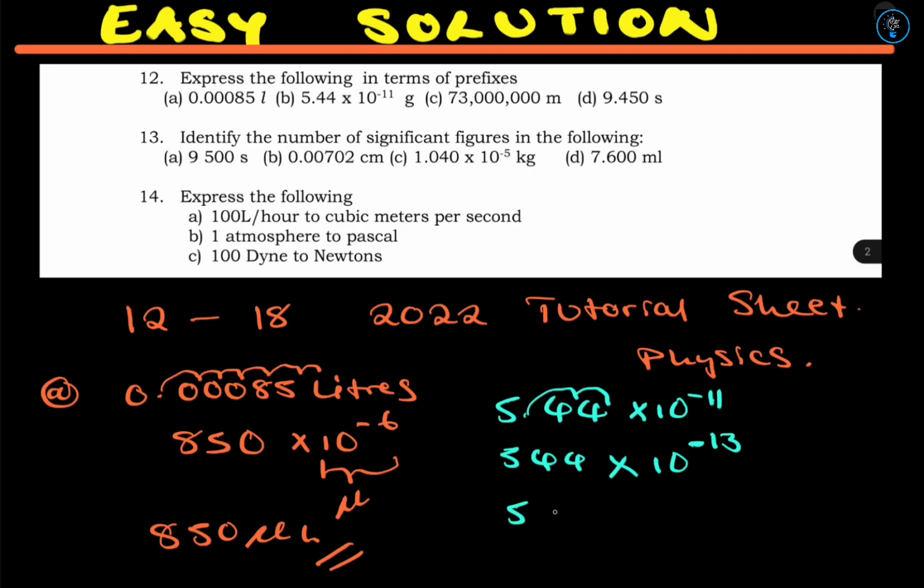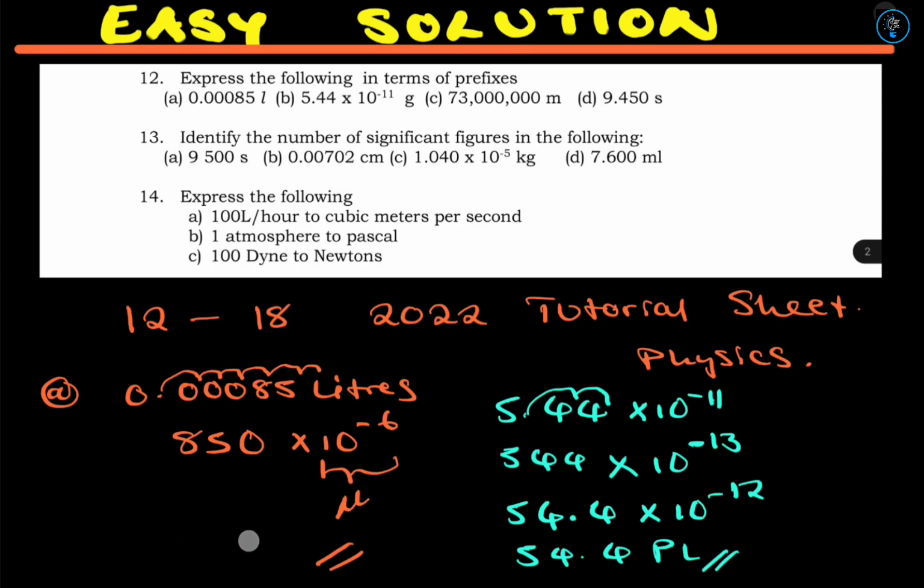We can write it as 54.4 times 10 to the power negative 12. We know that negative 12 is pico, so it will be picoliters. So this one will be your solution.